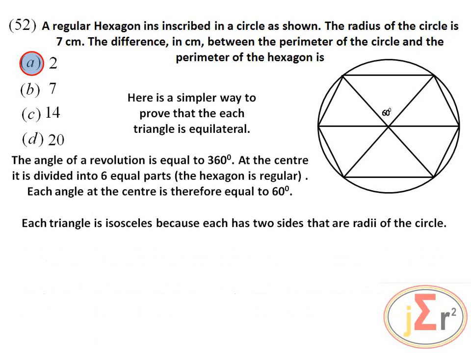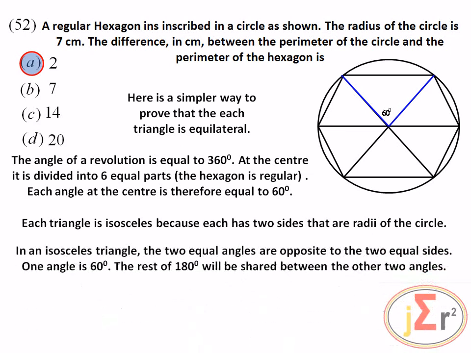Each triangle is isosceles because each has 2 sides that are radii of the circle. So those 2 sides are radii of the circle. Therefore, we are sure that the triangle is isosceles. In an isosceles triangle, the 2 equal angles are opposite to the 2 equal sides.